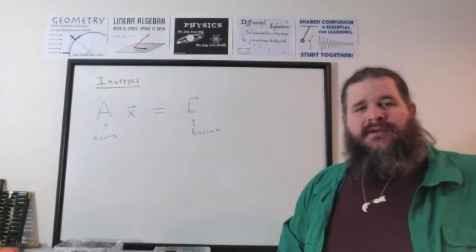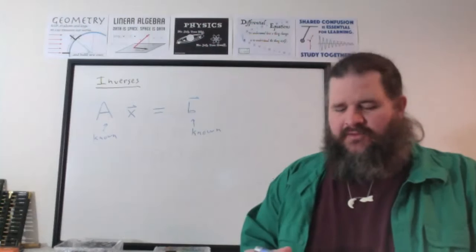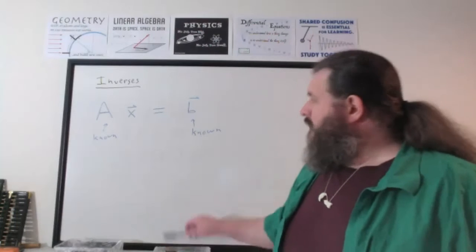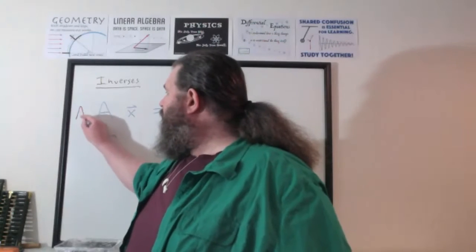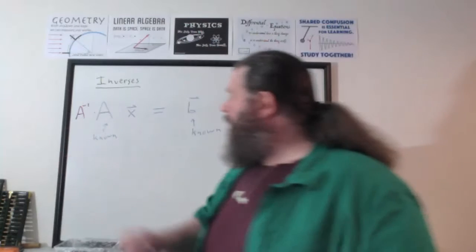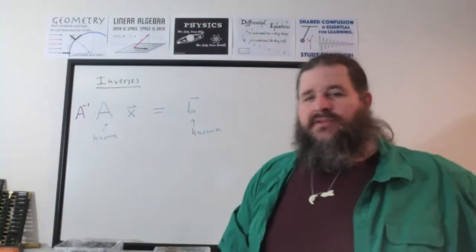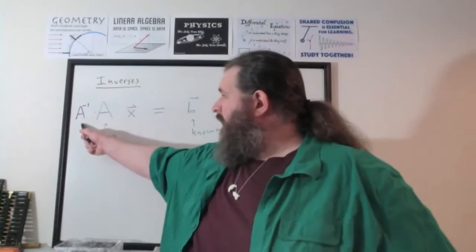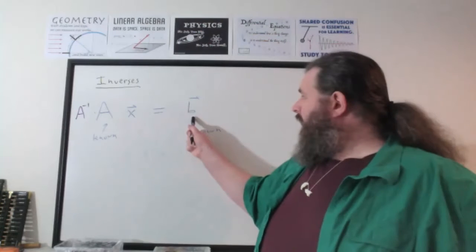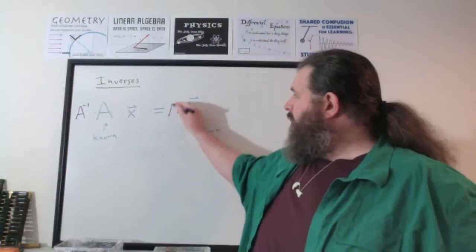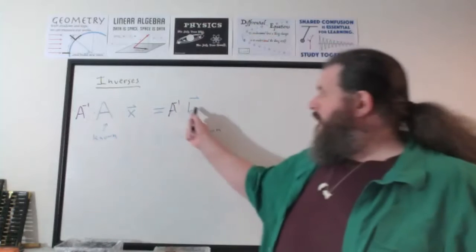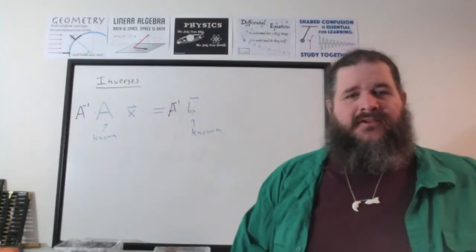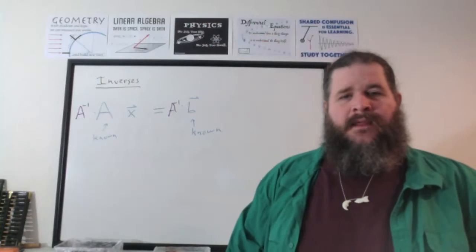But just like we could get rid of the times 5 by multiplying by the inverse of 5, we can do the same idea here. If we multiply by the inverse of matrix A, and order matters for matrices, so if we're multiplying on the left side by the inverse of A, we also have to multiply on the left side by the inverse of A. So left multiplying by A inverse and also left multiplying by A inverse, since order matters.